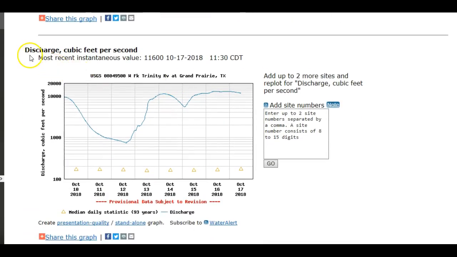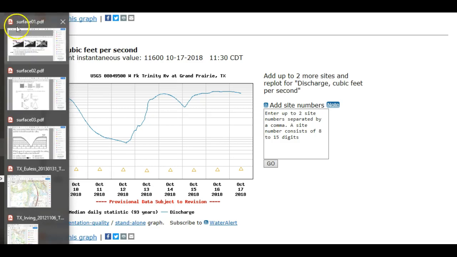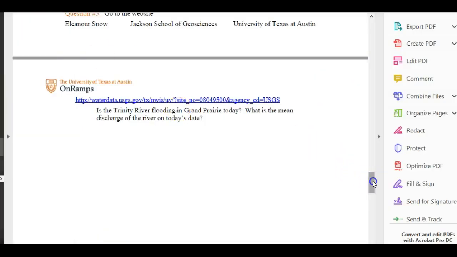All right, well, take a look here. I have discharge. On today's date, today's discharge is a little over 10,000 cubic feet per second. And if you remember, you had to answer on question number 3. So let's go up here.